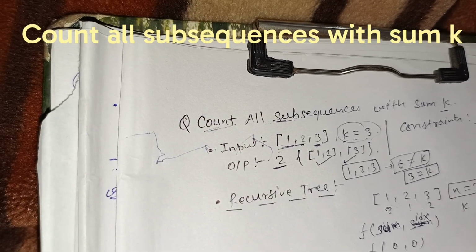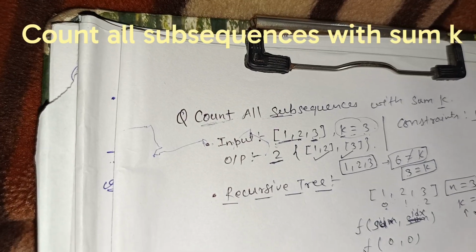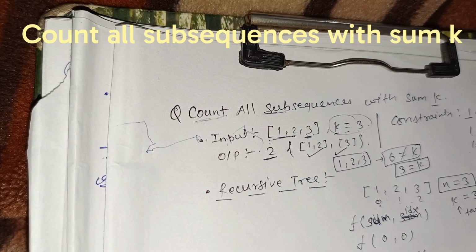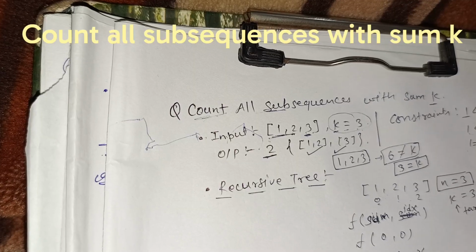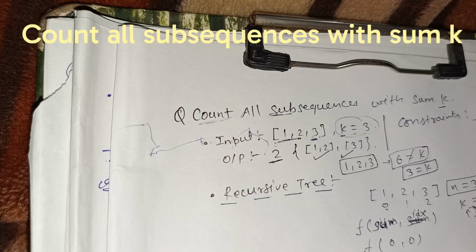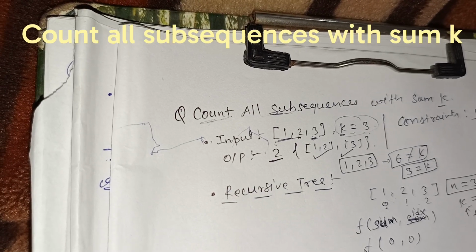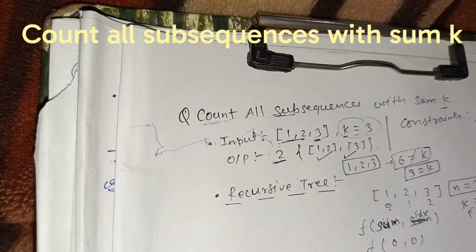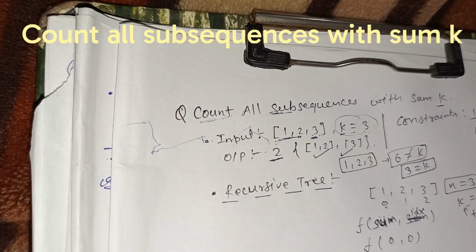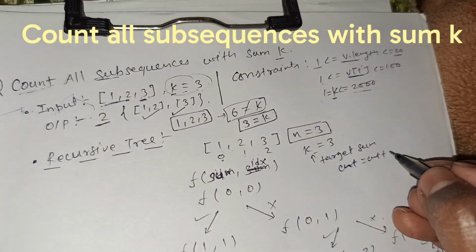Here k is given equal to 3, that is target sum. If the sum of the elements of the subsequence equals k, then we can increment a count variable, count plus 1.